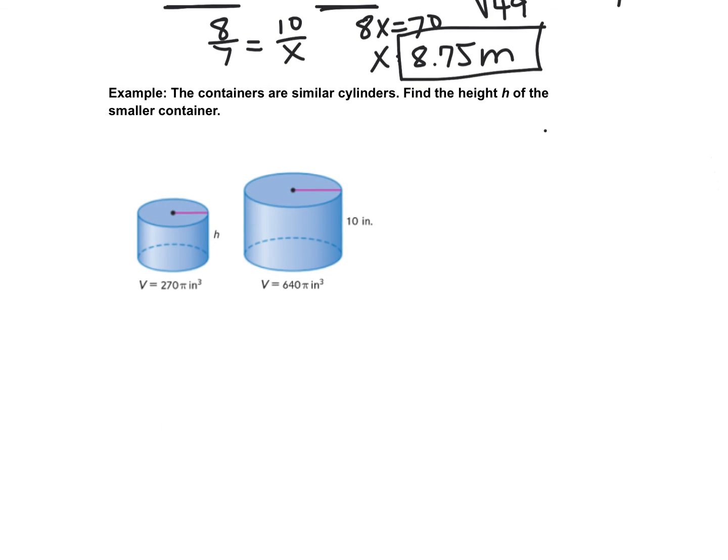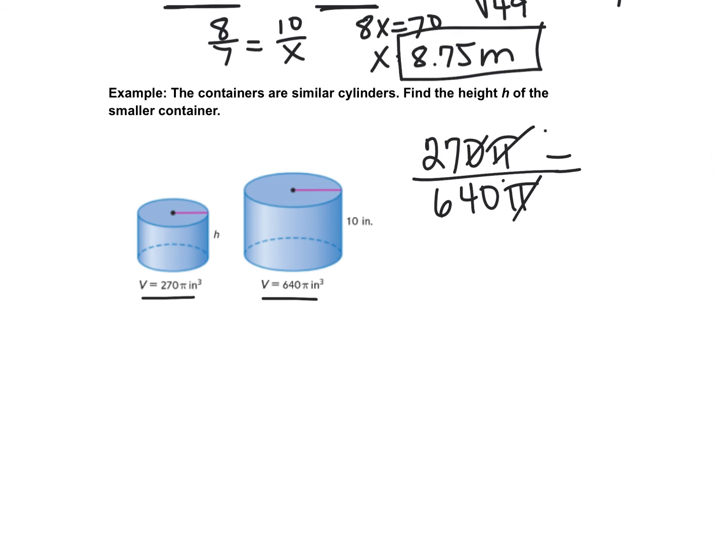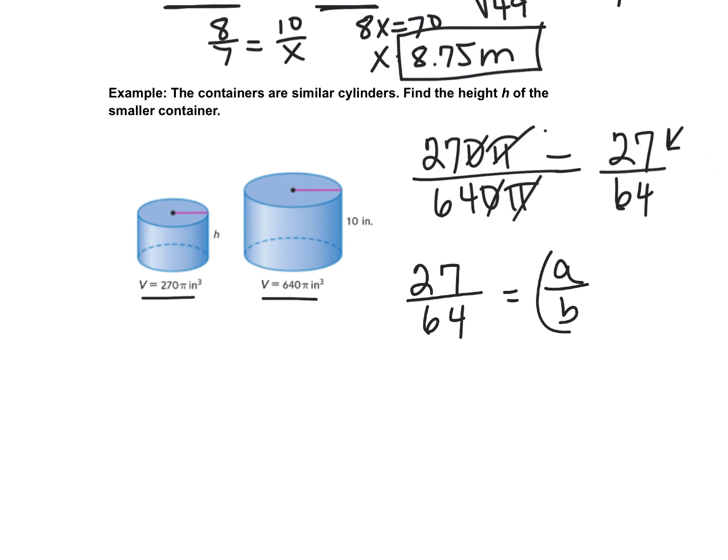We're going to find h for the smaller container. We have our volumes, so let's put them in a ratio: 270 pi divided by 640 pi. Of course we want to simplify that, and our pi's simplify right out, so do the zeros. 27 over 64 does not reduce anymore. So we have the ratio of our volumes, and that is equal to our scale factor cubed.